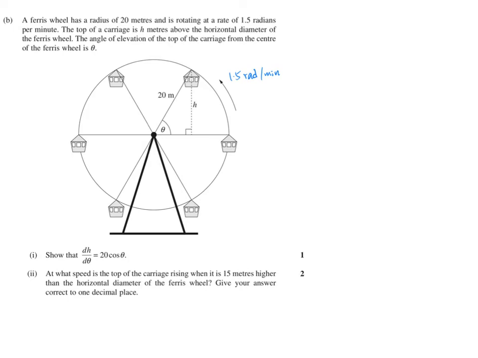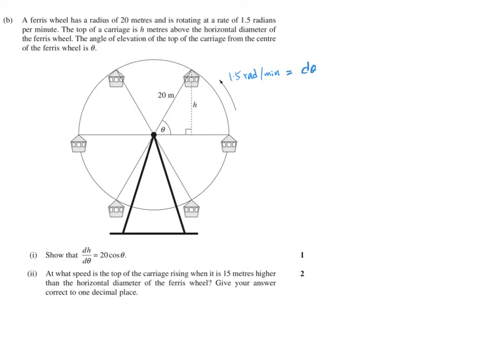Question B tells you that there is a Ferris wheel. The radius is 20 meters and it is rotating at a rate of 1.5 radian per minute. What is this 1.5 radian per minute?